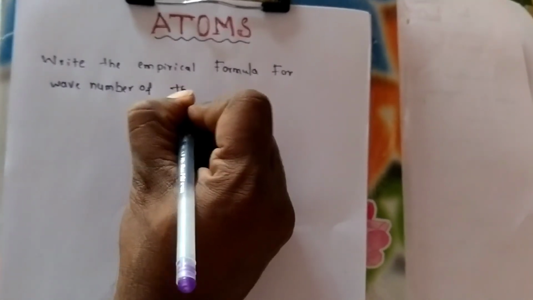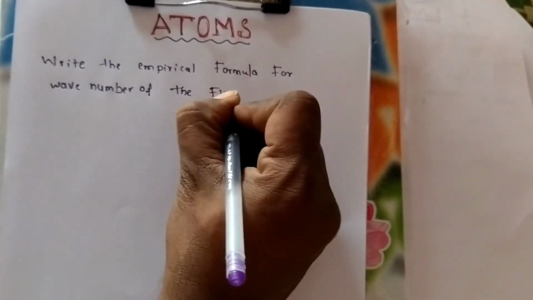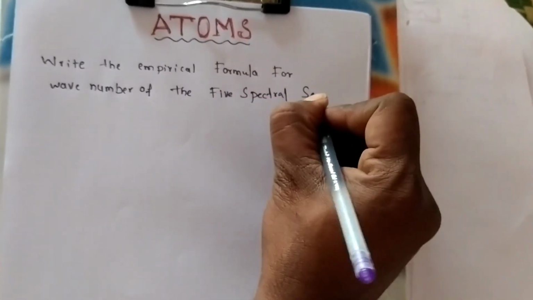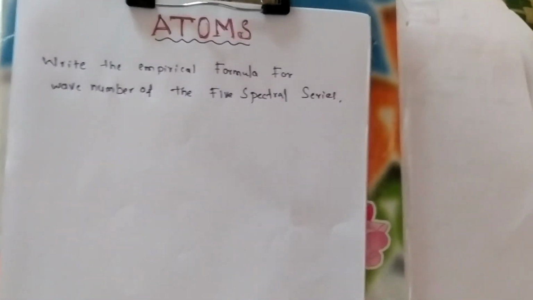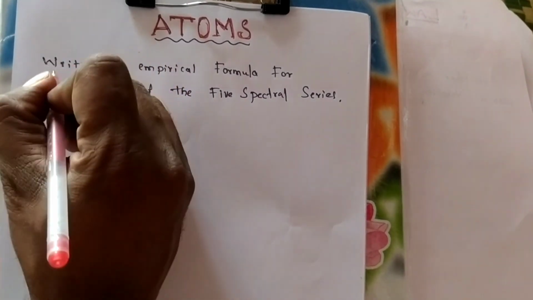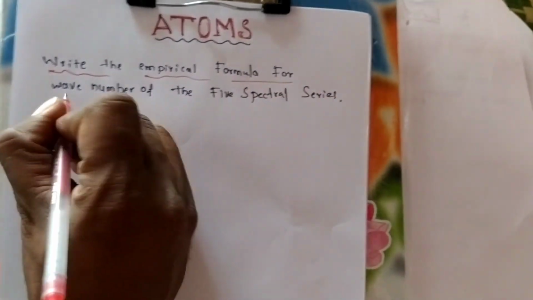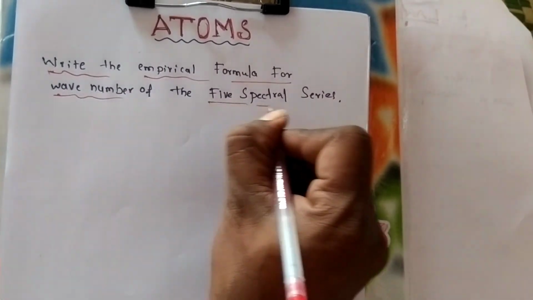Dear students, this one is a very important question for your theory and CET. Write the empirical formula for the wave number of the five spectral series.